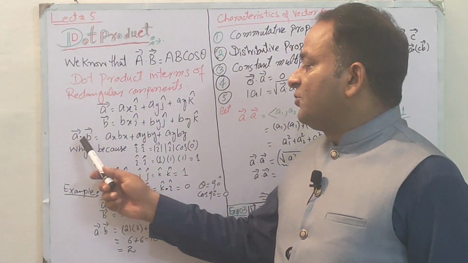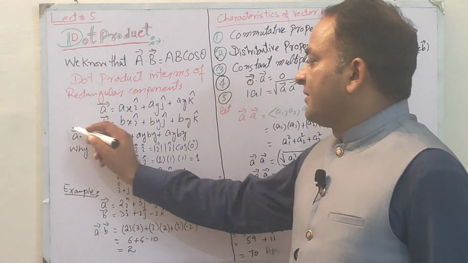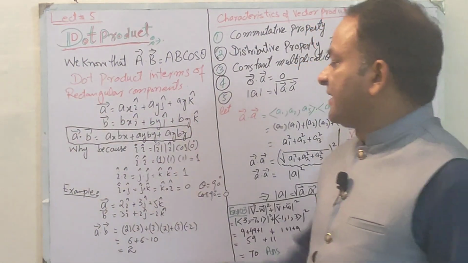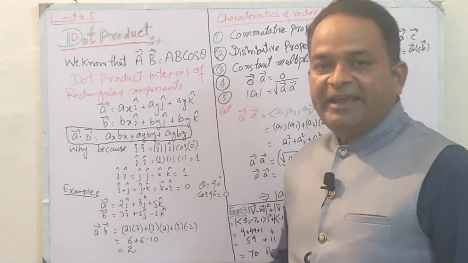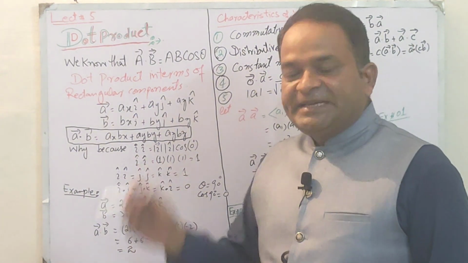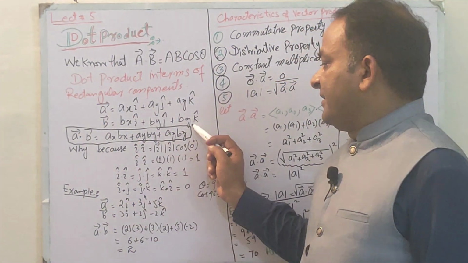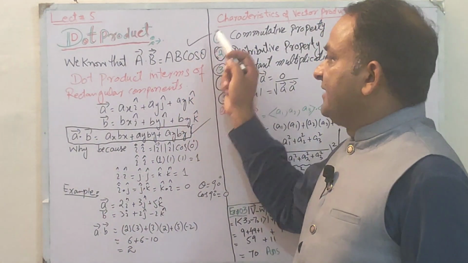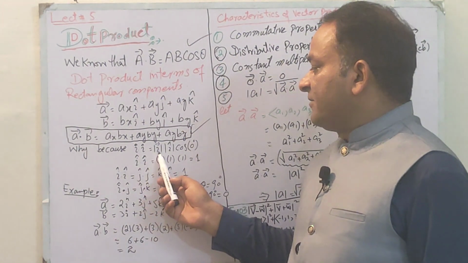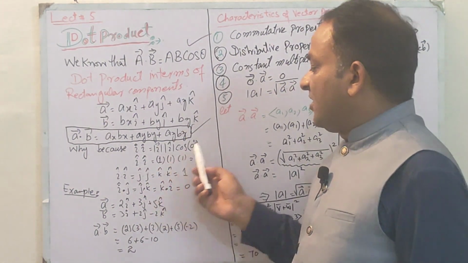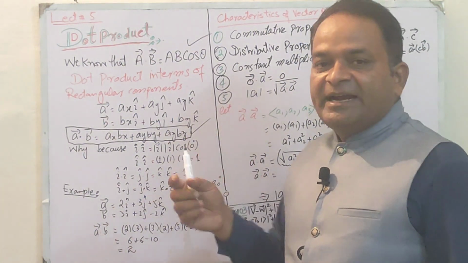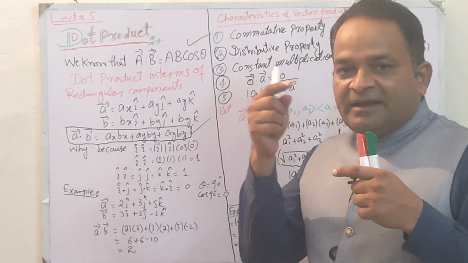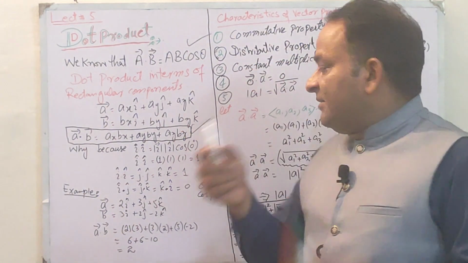So the final result is this: A vector dot B vector is equal to AX BX plus AY BY plus AZ BZ. Why? Because i unit vector dot i unit vector, after applying this formula, we will get i unit vector magnitude times i unit vector magnitude times cos theta.